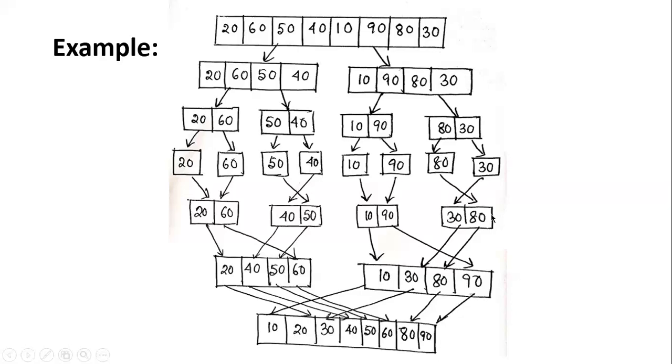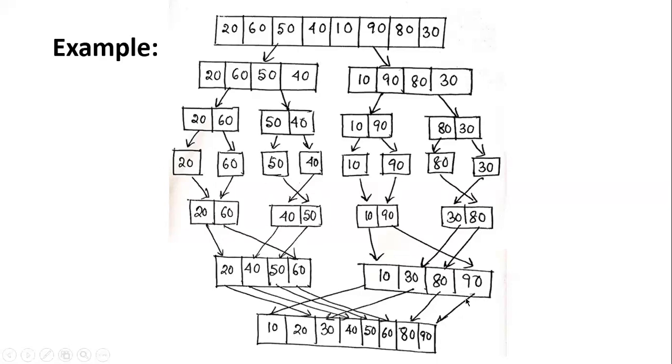This process will be continued. How? Then 20, 60 and 40, 50 again are going to be merged to get a larger sorted array. So the larger sorted array becomes 20, 40, 50, 60. Similarly, 10, 90 and 30, 80 will be sorted in this way and we will get 10, 30, 80, 90.